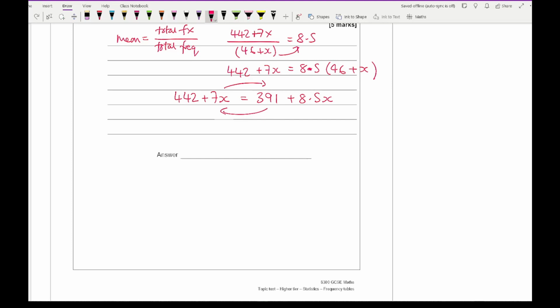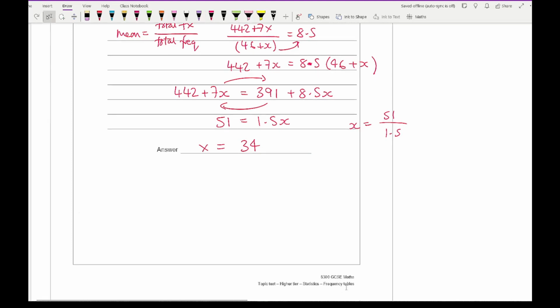So 442 minus 391 is 51, and that equals 1.5X. So then X is going to equal 51 divided by 1.5, which gives me an answer of 34.